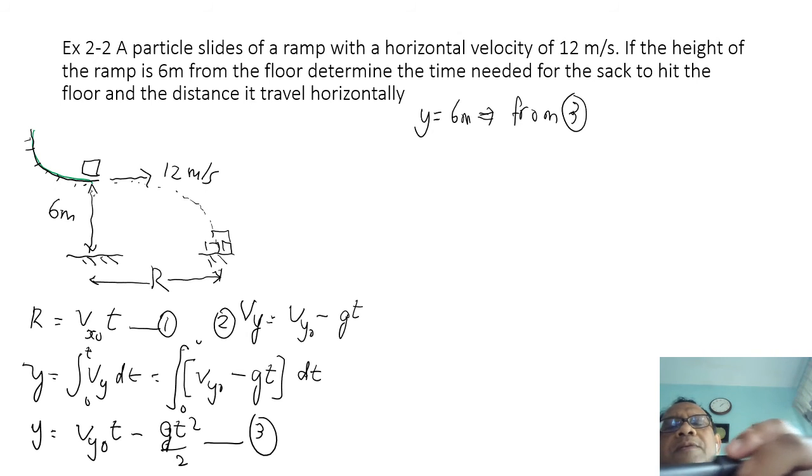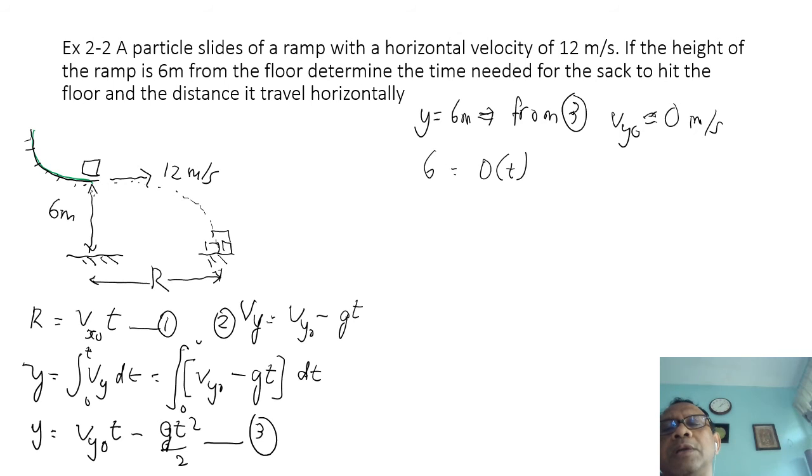Vy naught is also 0 because there's no vertical component to the particle when it leaves the ramp. So we can rewrite equation 3 as 6 equals 0 times t minus 9.81 t squared over 2.